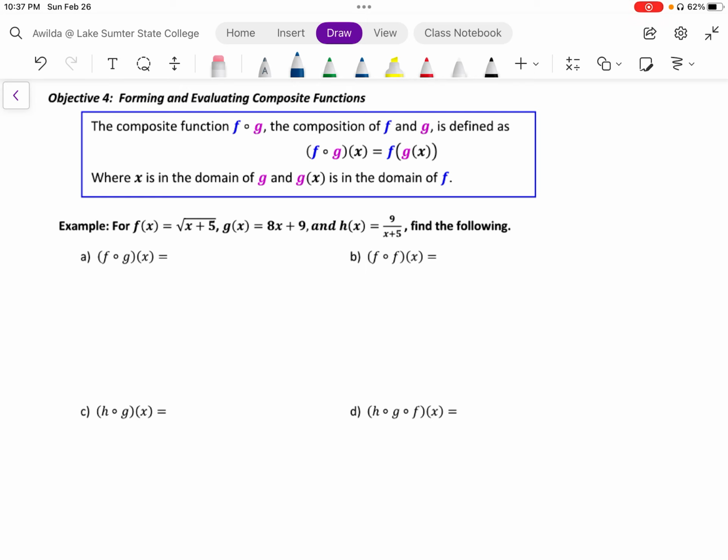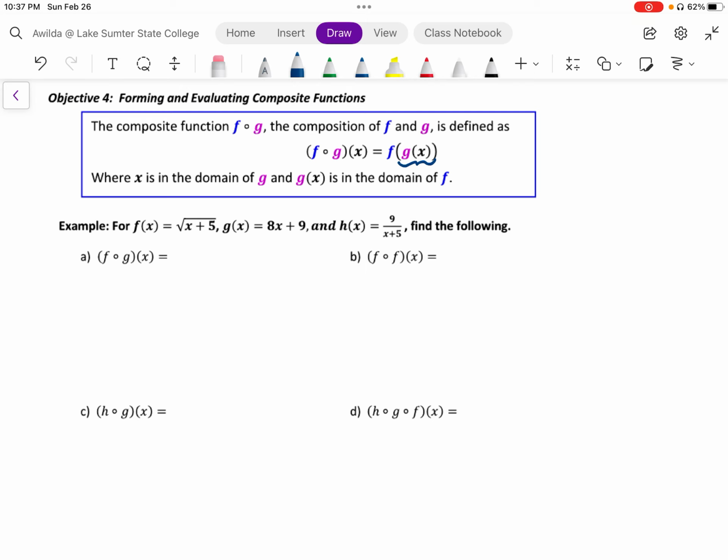And it's equivalent to having the entire function g of x become the input for the function f. So in other words, we would have to evaluate g of x first, and then whatever that result is, that becomes a new input for the function f. X must be in the domain of g, and then that result must be in the domain of f.